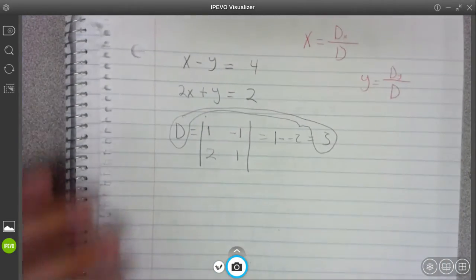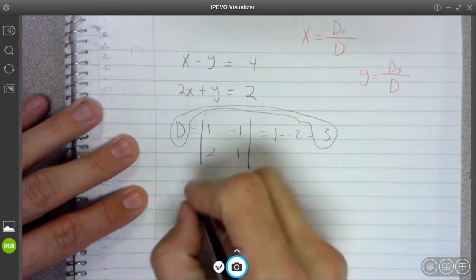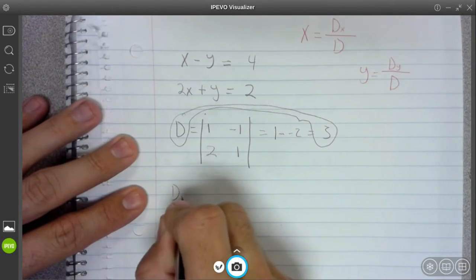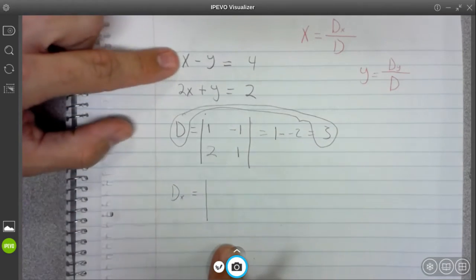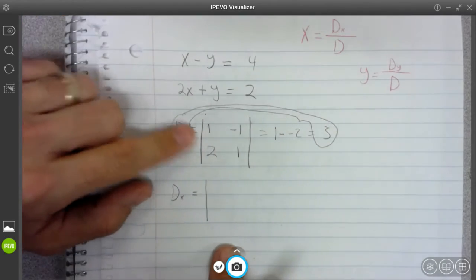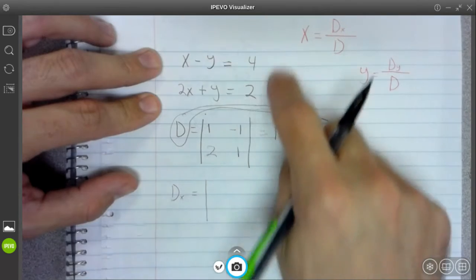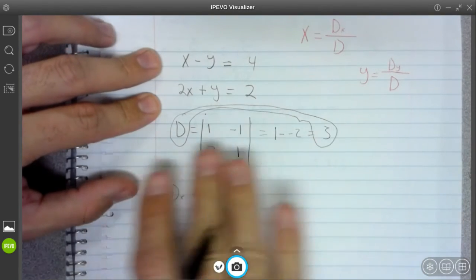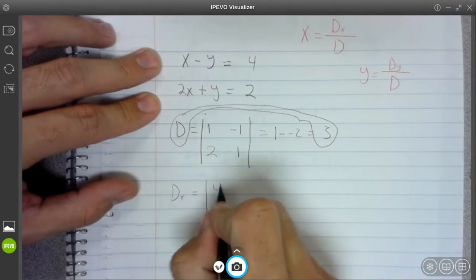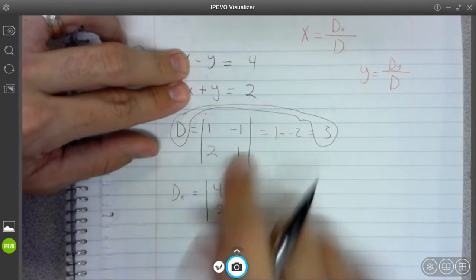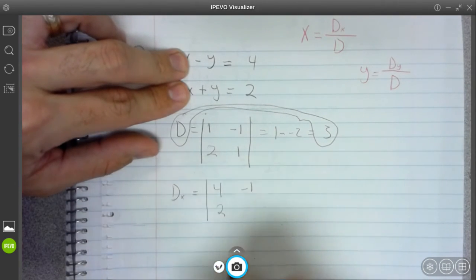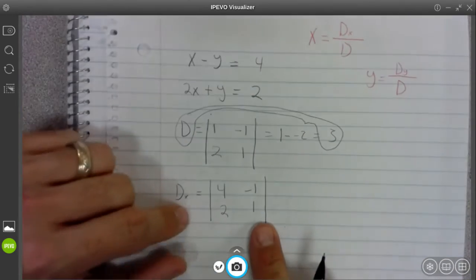Now for Dx, or D sub x, whatever you want to call it, you're going to replace these coefficients, the 1 and the 2, with your right side column, I guess, your answer column. So it's going to be a 4, 2, and then the y values, these stay put. So negative 1 and 1. All right.